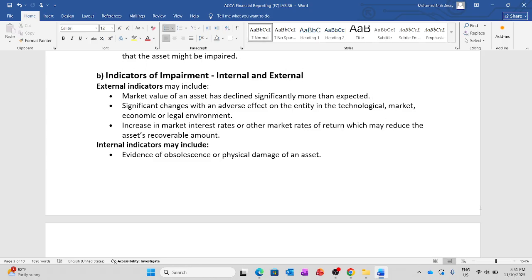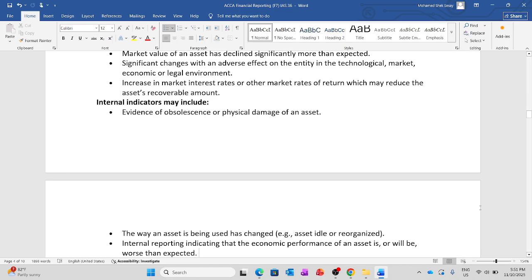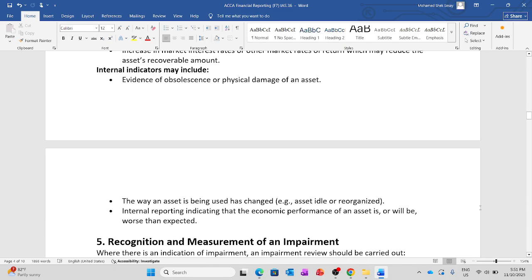Also, we are going to look at internal indicators, for instance, physical damage, accident. Also, we are going to look at whether the way an asset is being used has changed. For instance, I mentioned earlier that the machine is used to produce 10,000 packets of X products, but now it can only produce 9,000 of X products. So it means the machine cannot meet the required production capacity.